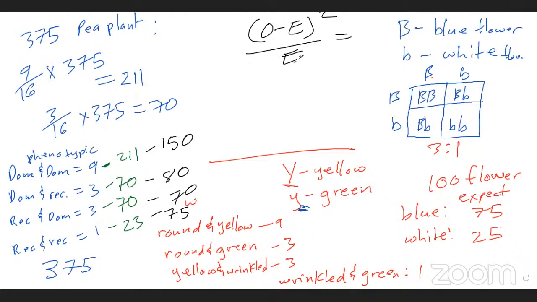You divide it by the expected number. So you must do 150 take away 211, squared, divided by the expected. Each person just work out one of these for me. For the first one, we'll get 17.6. All right, thank you.